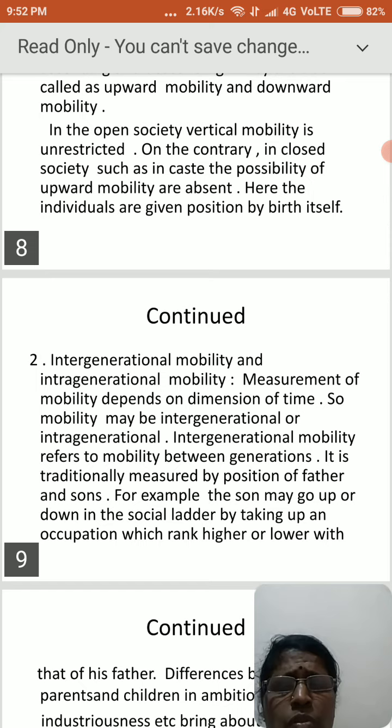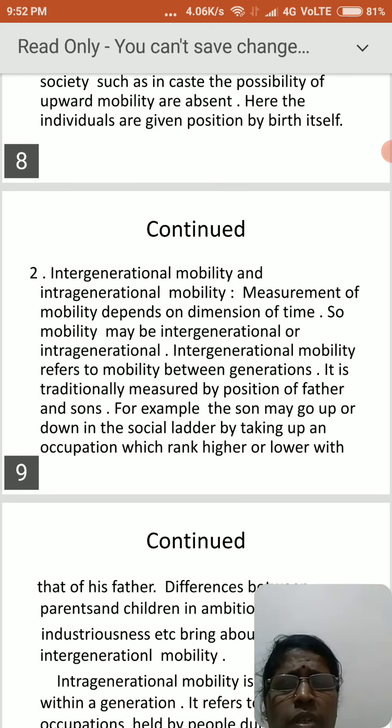The measurement of mobility depends on the dimension of time. So mobility may be intergenerational or intragenerational. Intergenerational mobility means the mobility between different generations.